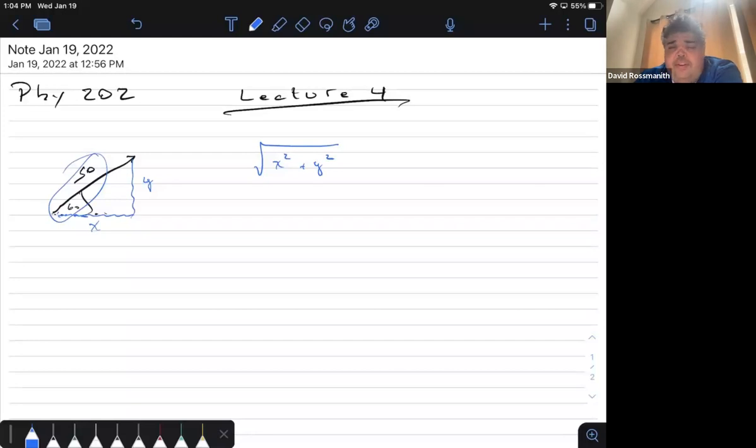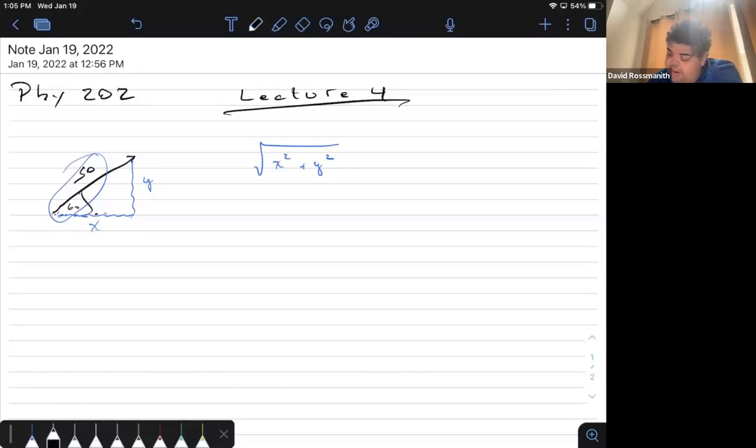The only thing I would add to what you said is to be careful about, depending on whether the vector is pointing to the left or to the right or up or down, you also have to worry about positives and negatives. In this particular example, because it's pointing up and to the right, the X and Y components are both positive.